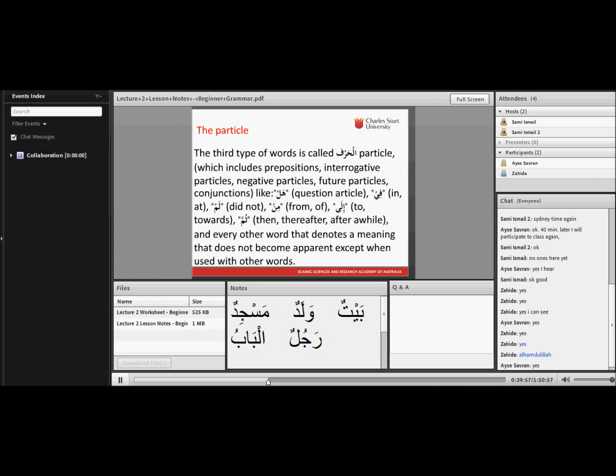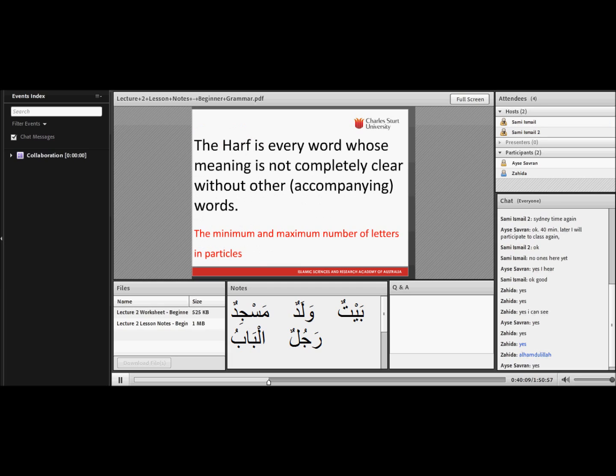So that's what it means here. Every other word that denotes a meaning that does not become apparent except when it's used with other words. Then we can understand the true meaning of the harf. So here once again it's emphasizing the point. The harf is every word whose meaning is not completely clear without other accompanying words. Right?